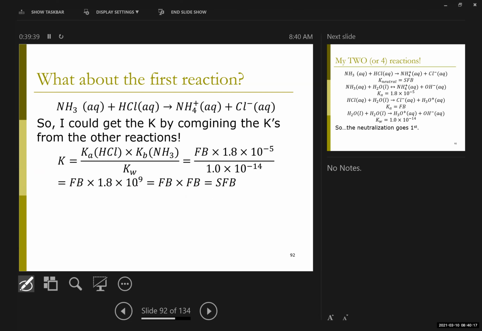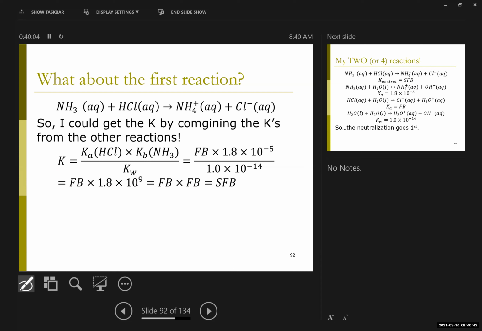And so I can calculate the K of any acid-base reaction I want from the Ka of the acid, the Kb of the base, and good old Kw. Specifically, the K of a generic acid-base reaction is the Ka of the acid times the Kb of the base divided by Kw.